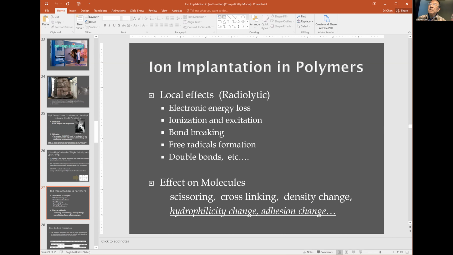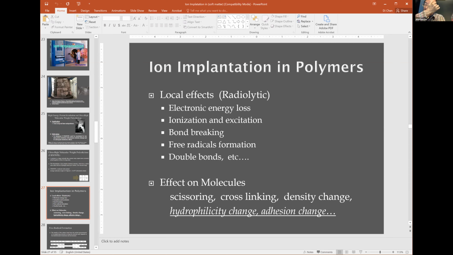Okay, so this one is showing the implantation in polymer. This is actually one of the dissertation works of my students. Because implantation has electronic energy loss, there's a lot of ionization.